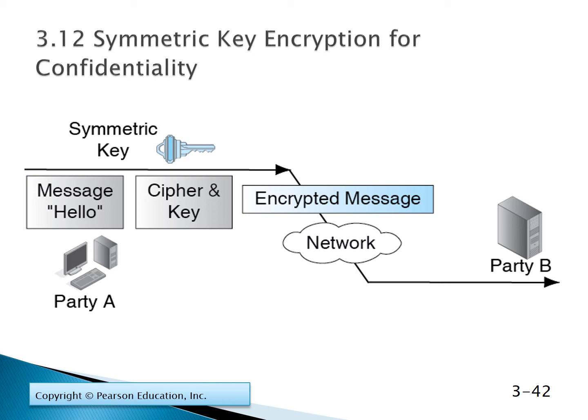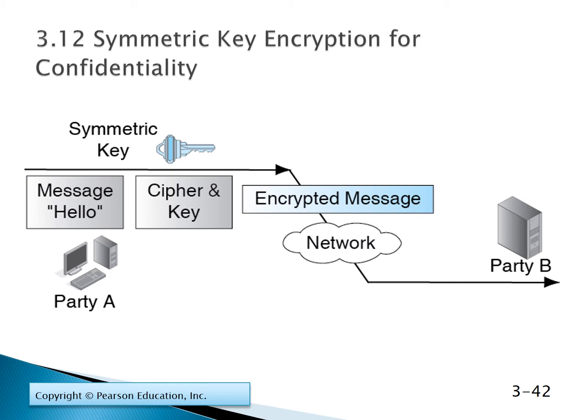Say A wants to send a message, hello, to B, and A will encrypt it using the key. A key you can treat like a password, but usually a password doesn't have a specific length.